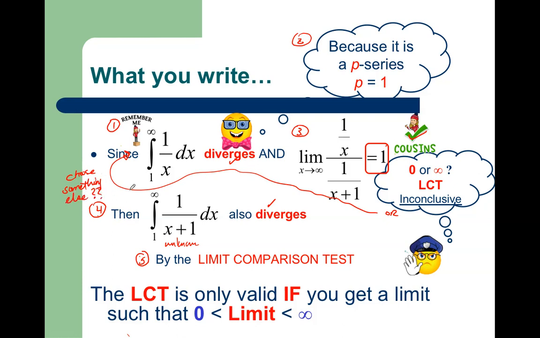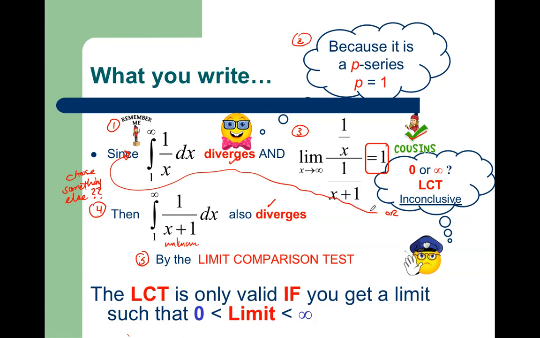So for example, sometimes you choose a cousin. It is a cousin, but it's a second cousin. It doesn't behave enough alike your given one to get that their rates of change as you go off to infinity are the same.